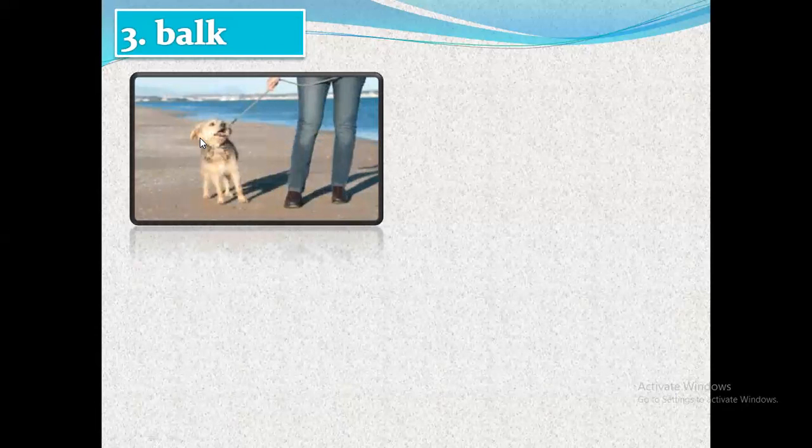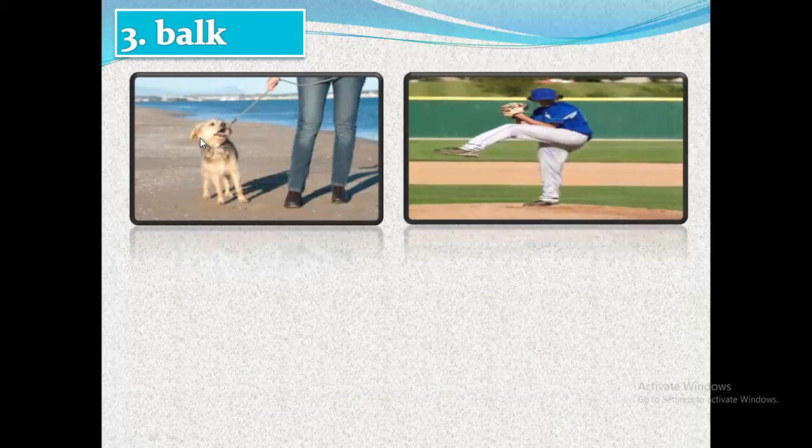So we go to the third word, which is balk. And balk here, as you can see in the picture, can have two meanings. The first one, to stop short. Here's a dog that stops and doesn't want to move. So this is called balk. And even the man in the baseball picture shows another meaning.